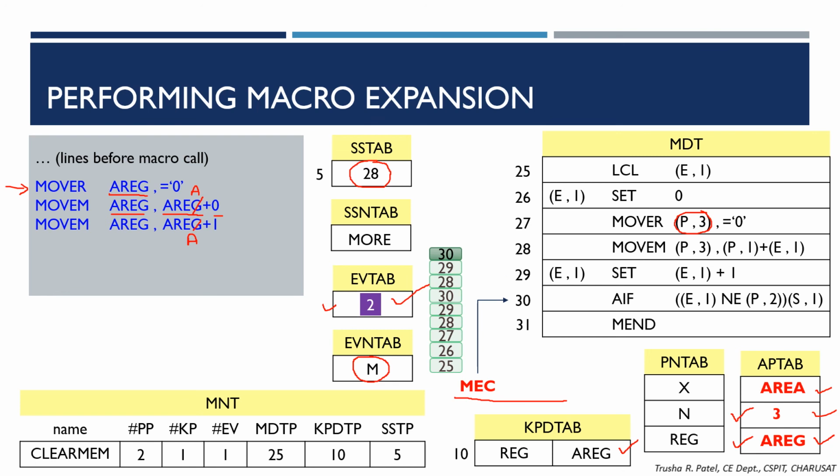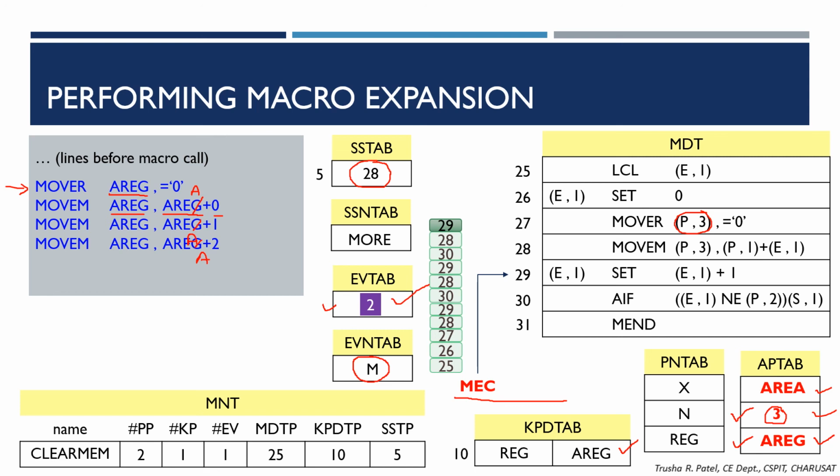Again check the condition whether the value of the expansion time variable is not equal to the second parameter. Yes, 2 is not equal to 3 over here. So it will jump to the sequencing symbol. So again MEC goes to the 28th memory location. Again it will generate a code that is MOVEM AREG comma AREA plus 2.